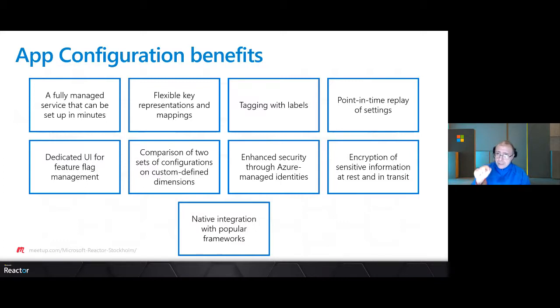You can tag your configuration key pair with labels, so you can have the same key pair for different environments, dev, test, and production, or you can use the label to have different versions for a single key value pair, or you can mix the labels. You can use the label to create the environment and version as you want.